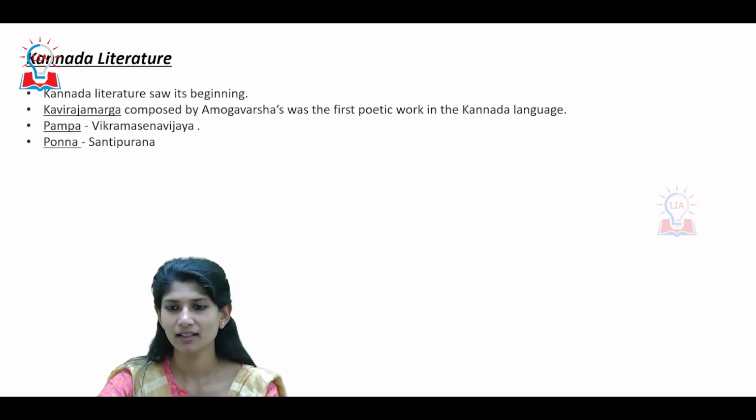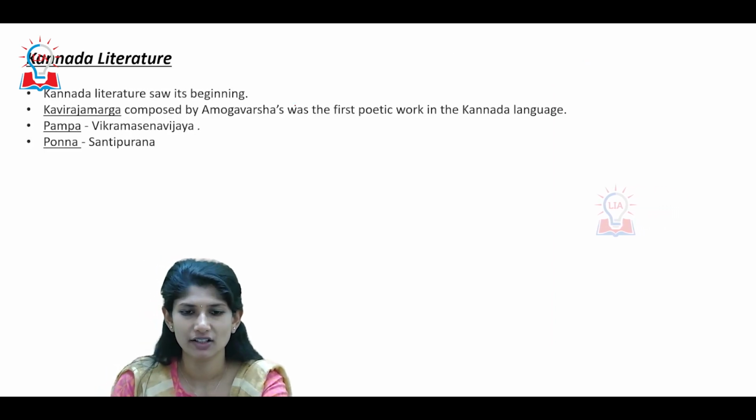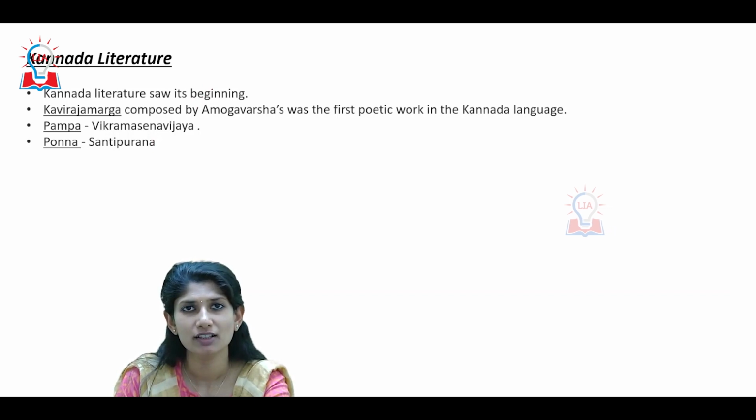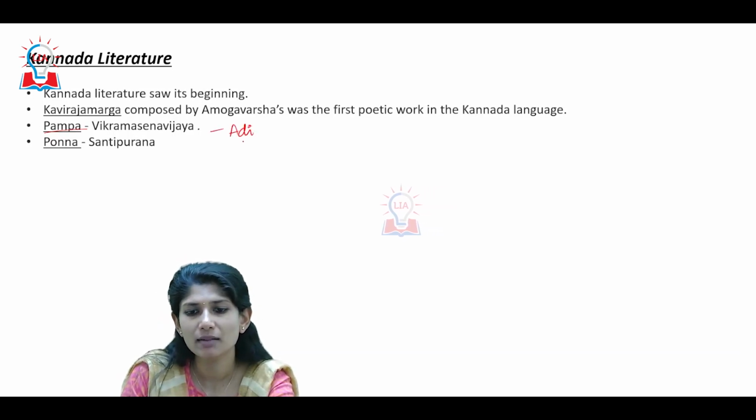Alright, now look at this. This is specific to Kannada literature. Kannada literature saw its grand beginning in the period of the Rashtrakutas because it had the Adi poet, Adi Kavi Pampa. Adi means primary or first. Kavi means poet.